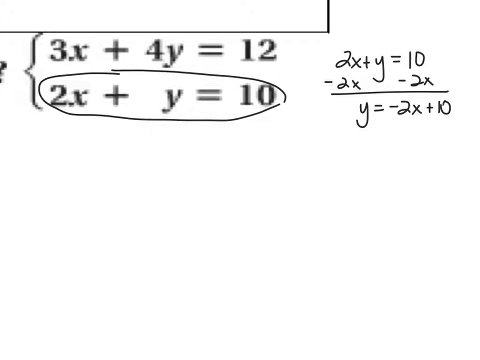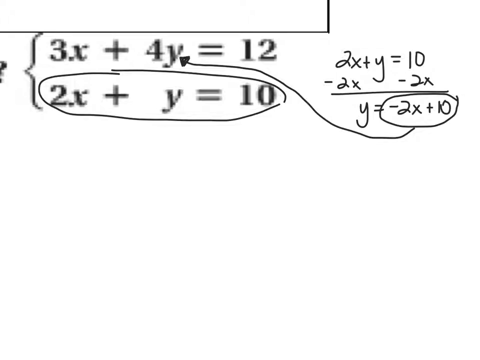Now, this is the part that I'm going to put in. I'm going to take this, negative 2x plus 10, and put it in for y in the other equation, for this y right there. Again, when I put it in, I want to put it in parentheses.